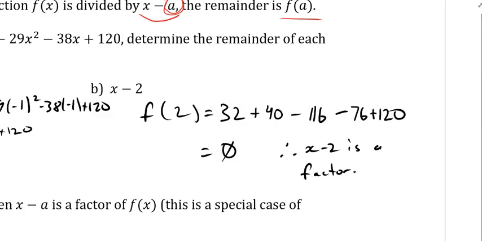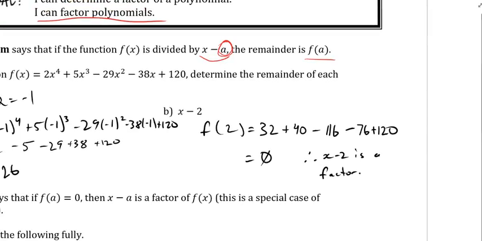Remainder theorem is just the idea that if you take the divisor, what you're dividing by, so x minus 2, but you think about the minus 2 actually meaning positive 2. If you evaluate the function at positive 2, the result of that is the remainder had you done the full division process.